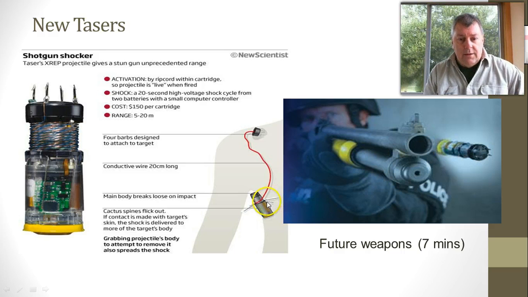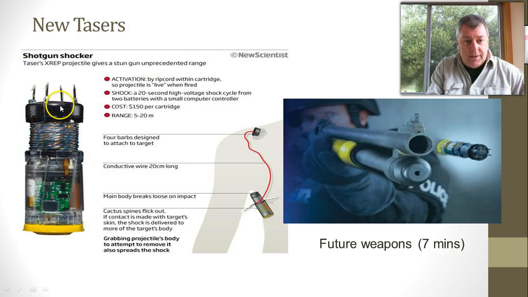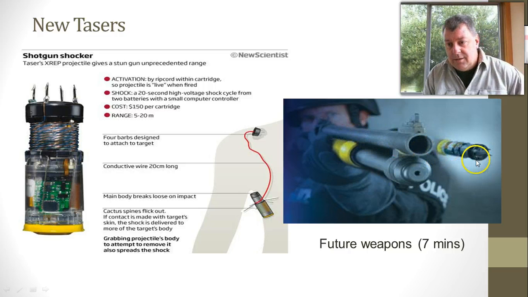Now the trouble with current tasers is they don't have much of a range, only a few meters, and so people have now designed a taser that can be fired from a shotgun, and it comes out as its own individual capsule.